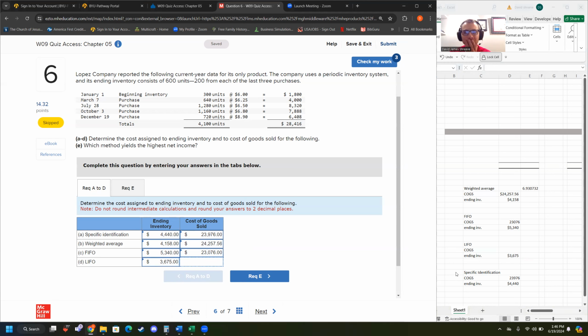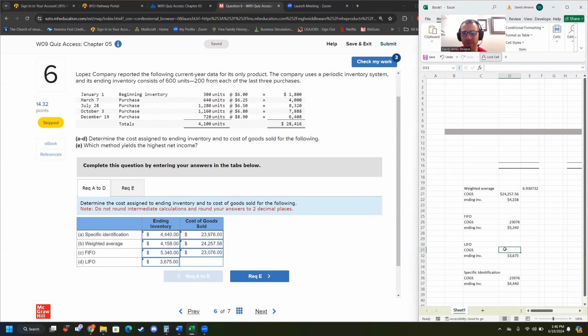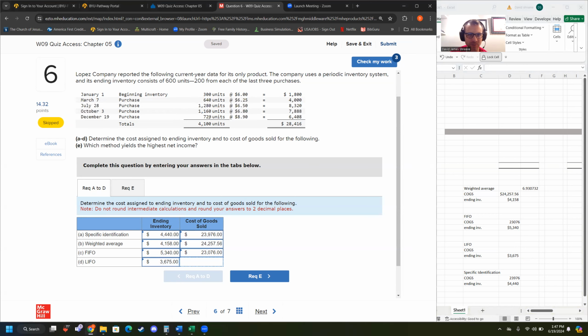And then for the other one, you just basically do the same thing as FIFO in reverse order. So we're just going to add all of this. I'm going to start with the 720 and add up because we only have 340 of these units that we sold.